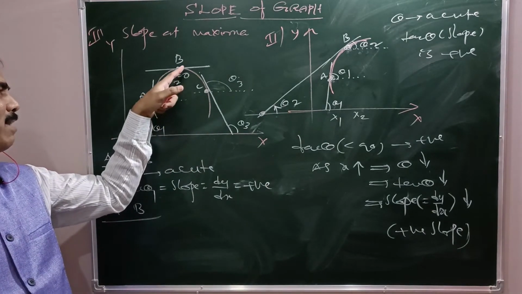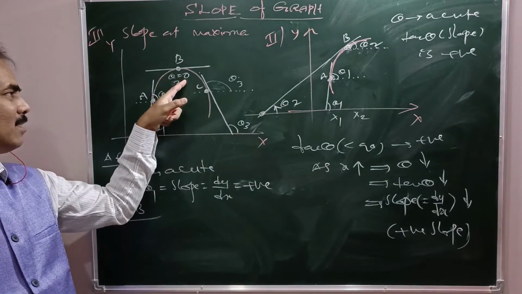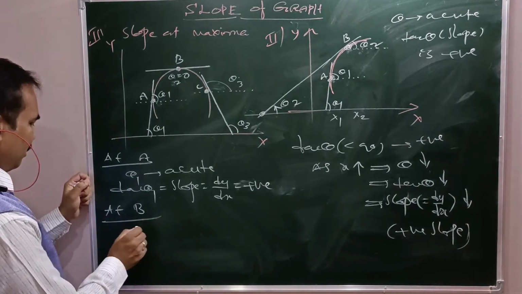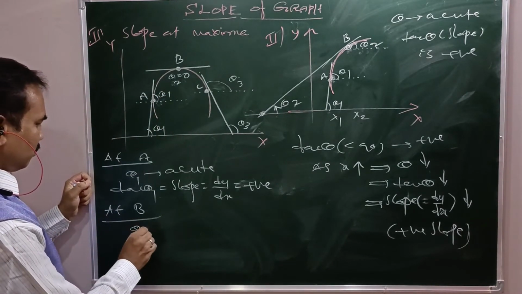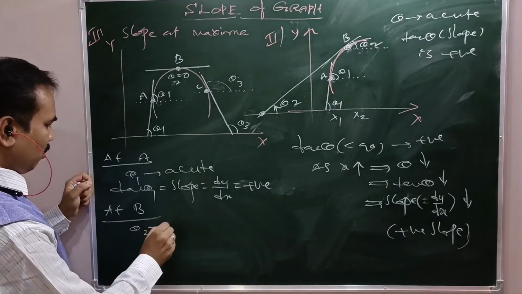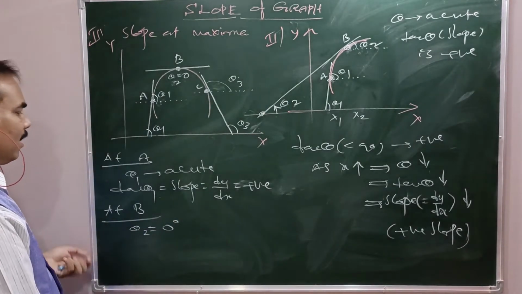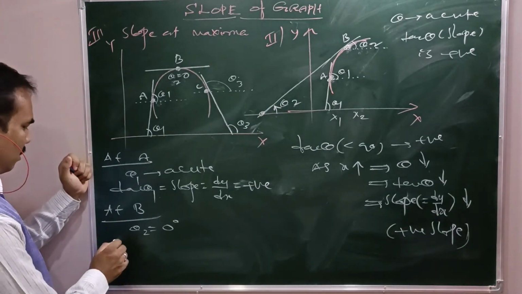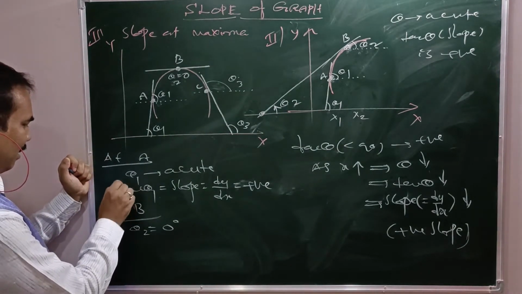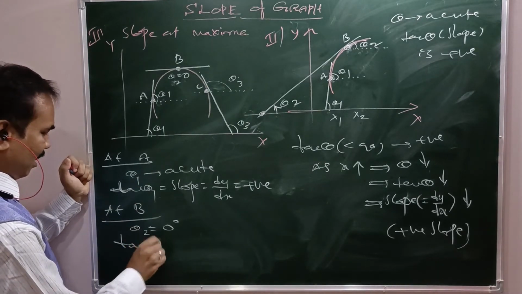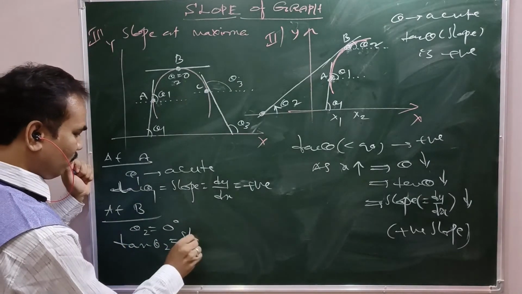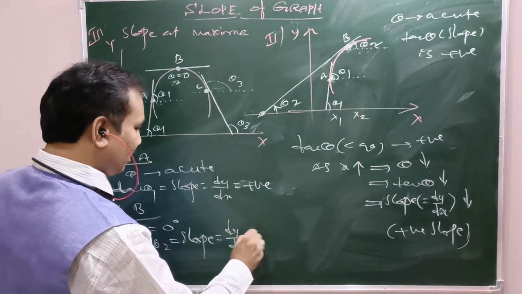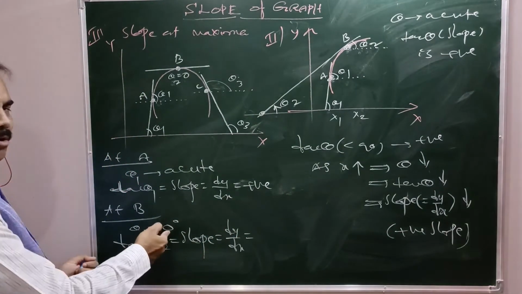Therefore, the angle made by this tangent with x, that is theta 2, is 0. It's not 90, it's 0 degrees. Right? Neither acute nor obtuse. Now, what about tan theta? Tan of theta 2, that is slope, equal to dy by dx equal to tan 0, which is 0.